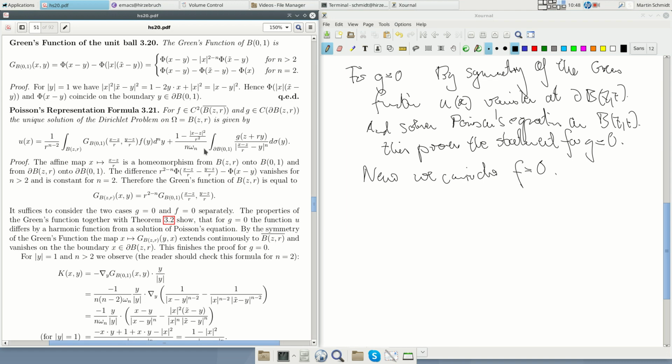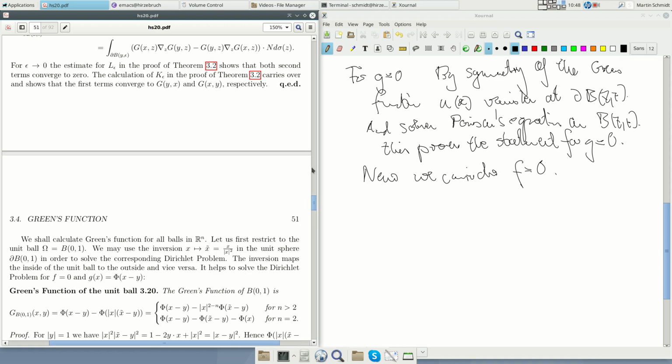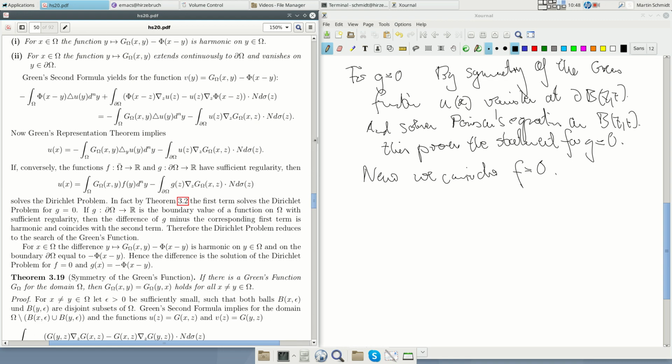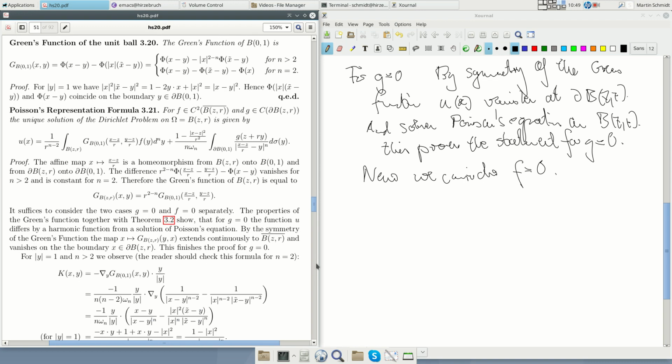Now for this we should keep in mind that by this formula here we should expect that we just have to take this integral here. So let's calculate this, the negative of this expression. This we will calculate now.